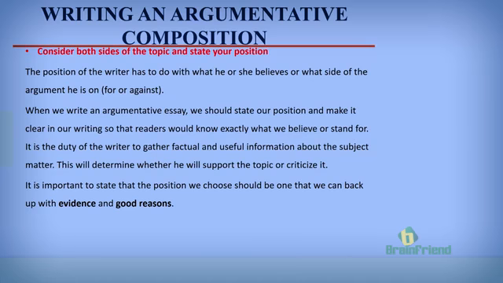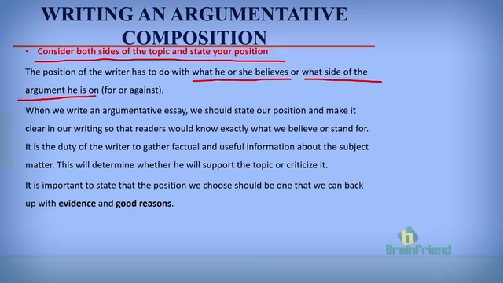The next thing to do after choosing a good topic is consider both sides of the topic and state your position. Remember that a good topic must have two contrasting or two conflicting sides. The position of the writer has to do with what he or she believes or what side of the argument he is on, either for or against.